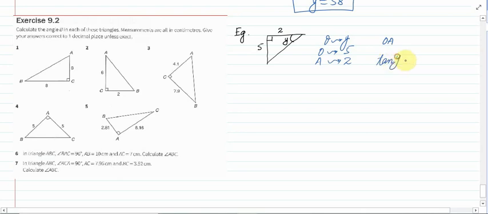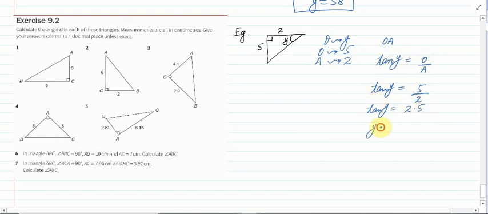Angle is y. Working formula is opposite upon adjacent. tan y. Opposite is known, that is 5. Adjacent is known, that is 2. So tan y, 5 upon 2 is basically 2.5. But we are looking for angle y.